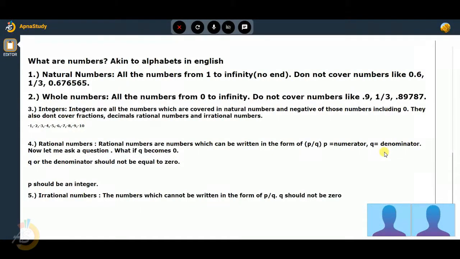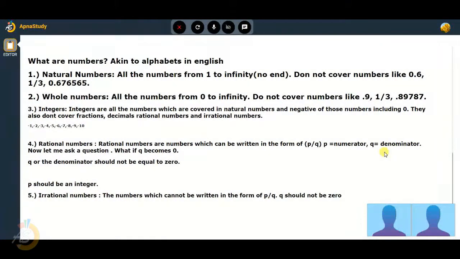Numbers which cannot be written in the form of p upon q. Every number I have shown you so far can be written in the form of p upon q. 0.6 can be written as 6 upon 10. 1 upon 3 is written as such. 0.676565 can be written after shifting the decimal 6 places and attaching 1 and 6 zeros in the denominator. 0.9 and 1 by 3 can also be written.